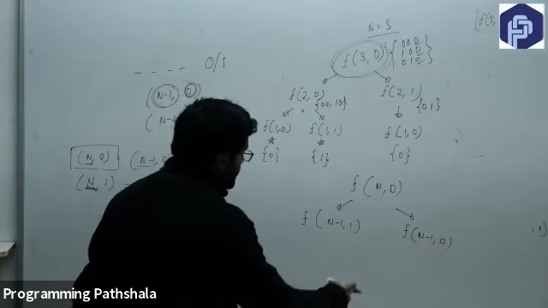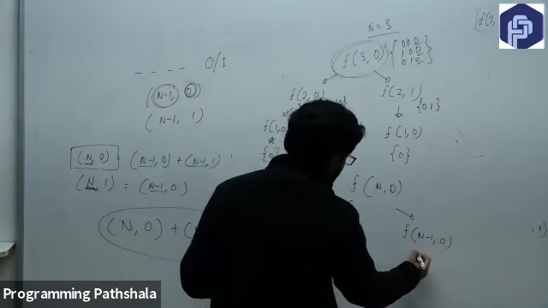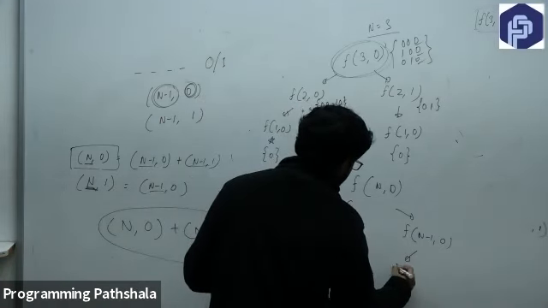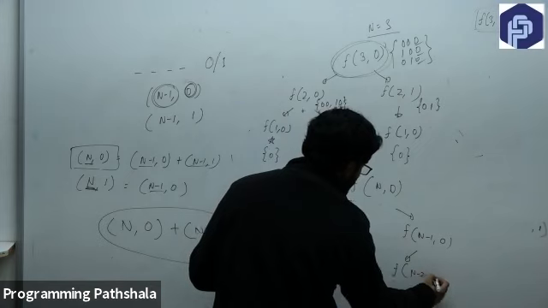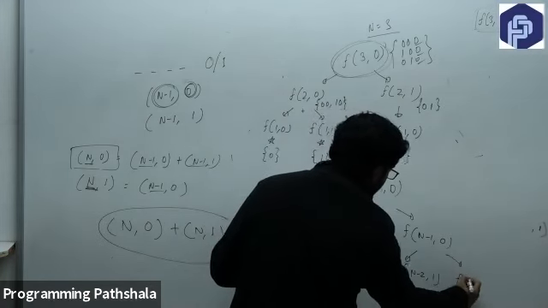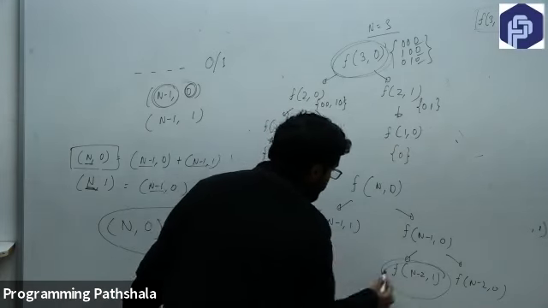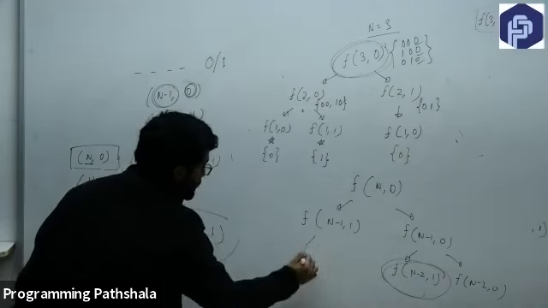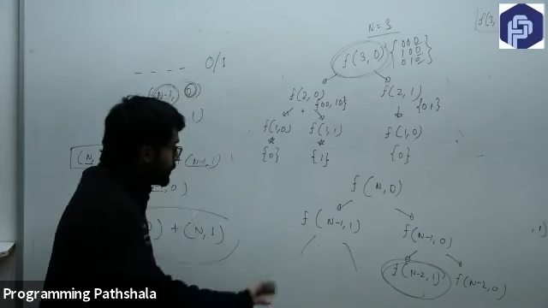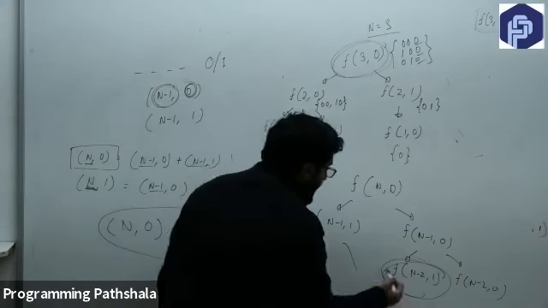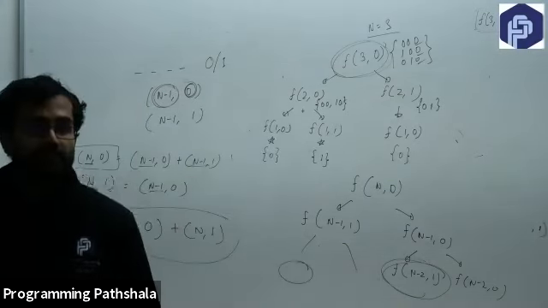Now it might happen that this f of n minus 1, 0 will call f of n minus 2, 1, f of n minus 2, 0. It is very much likely that this kind of function call is made in this part also. If you draw this further, you will see that problems are actually getting repeated. Can you see that?